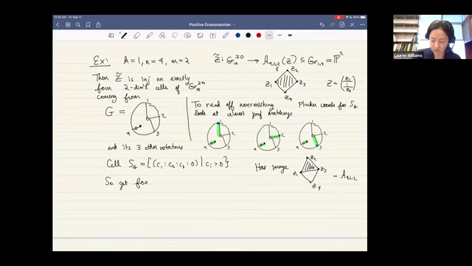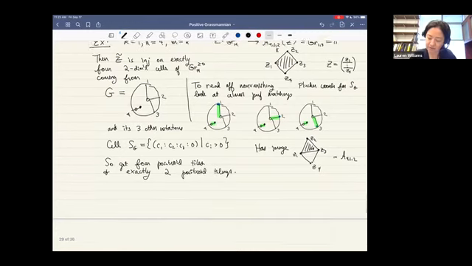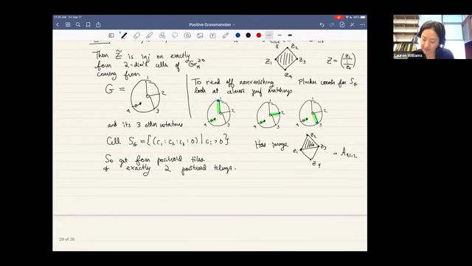So we get 4 positroid tiles, and there are exactly 2 positroid tilings. Those positroid tilings are just the 2 triangulations of this foregon.